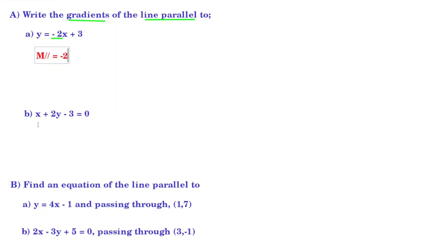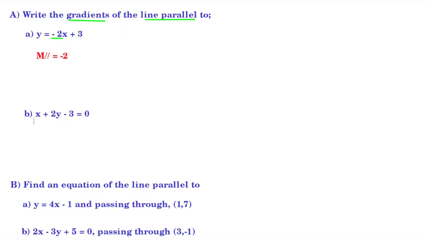Let's check this one. For this line, we cannot directly extract the gradient because this equation does not say y equals mx plus c. So first things first, we need to make y the subject.